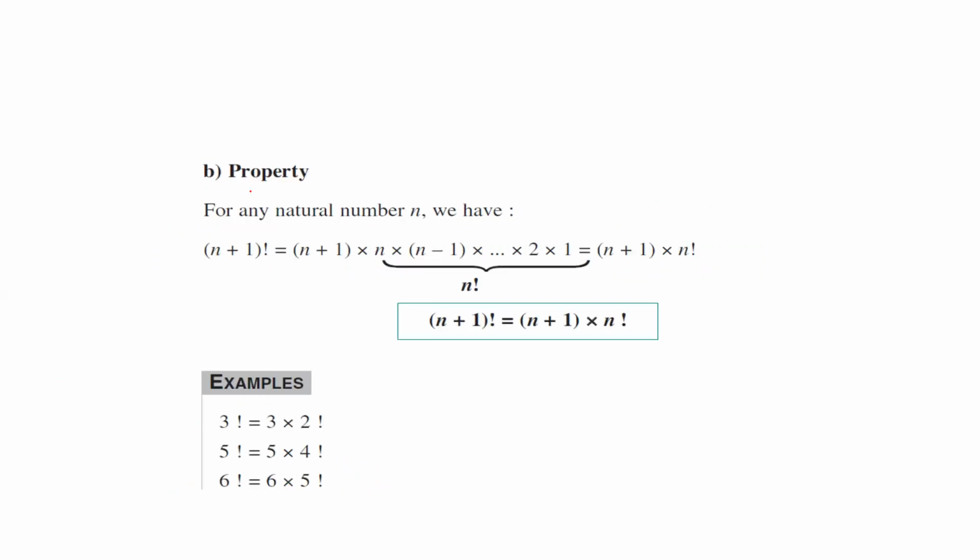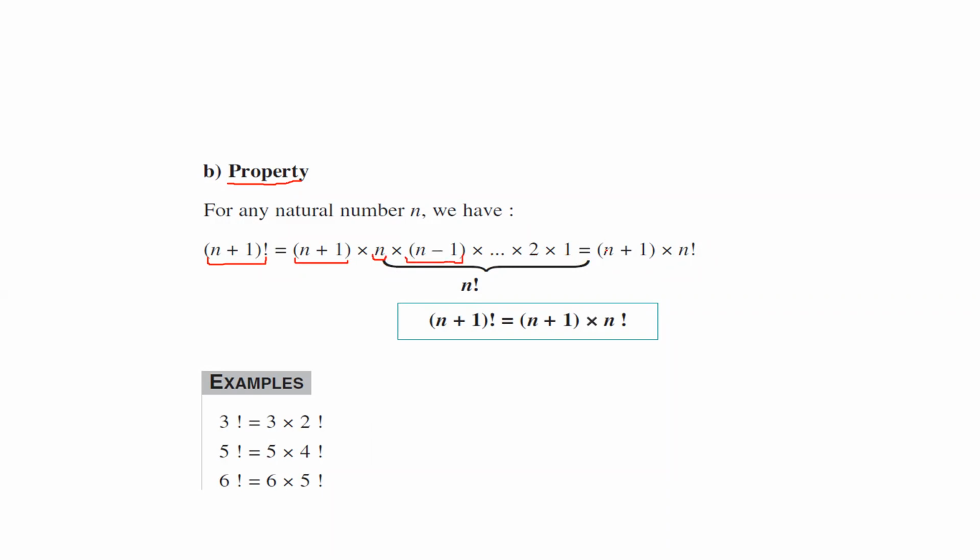Now, don't write this property also. Property: for any natural number n, n plus 1 factorial is the product of the numbers n plus 1 times n times n minus 1 down to 1.